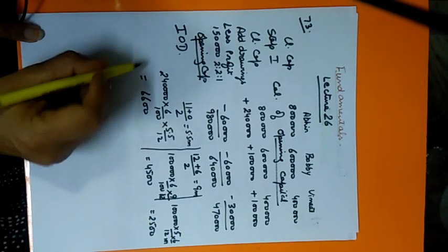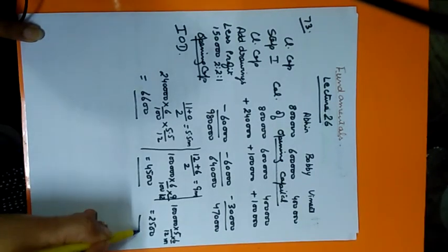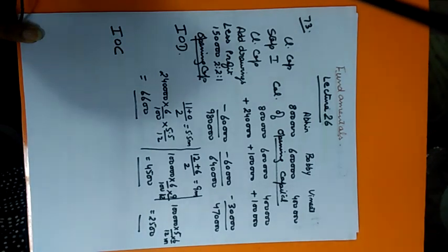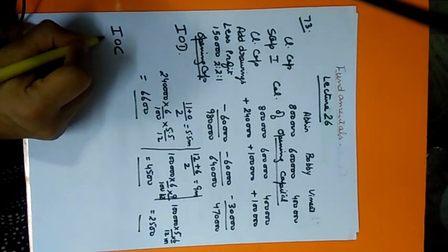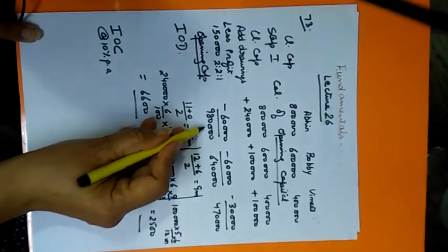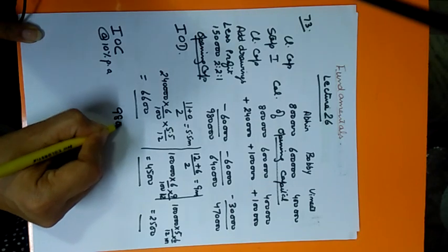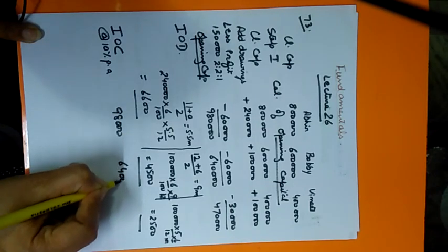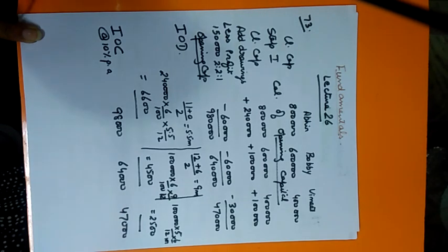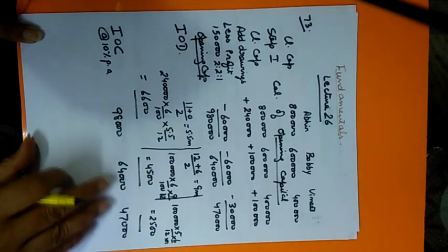So we have already calculated interest on drawings for all the partners. Now let us calculate interest on capital. In the question, they have said interest on capital at the rate 10% per annum. So 10% of opening capital is 98,000, 64,000 over here and 47,000 over here. Now let us start making the calculations.